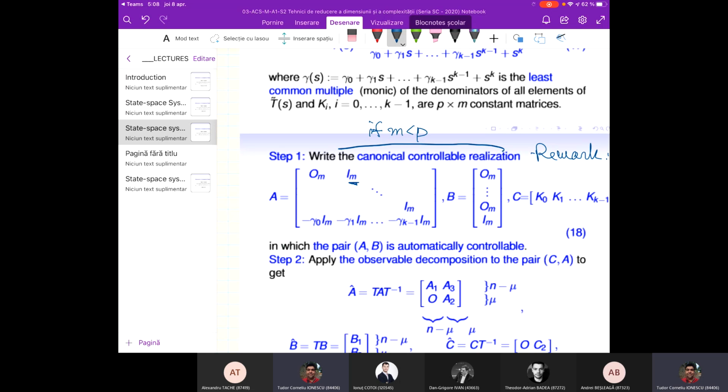It's only natural to do that. So you pick the canonical controllable or observable form depending on the number of inputs and outputs your MIMO dynamical system has.